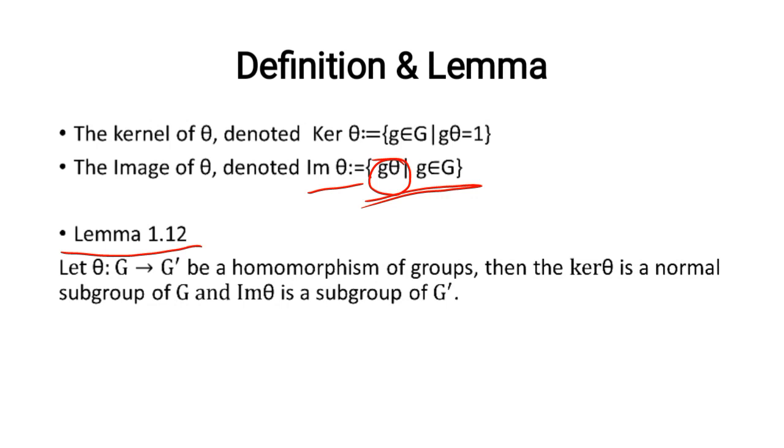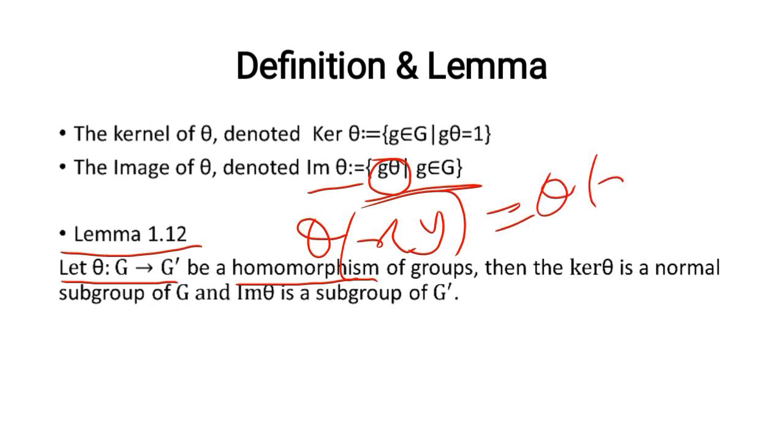In your lecture notes, 1.12, it says that if you have a map theta from G to G prime and it's a homomorphism, so you know what a homomorphism is: if it takes xy, it'll take it to x theta times y theta. So this theta satisfies that condition.